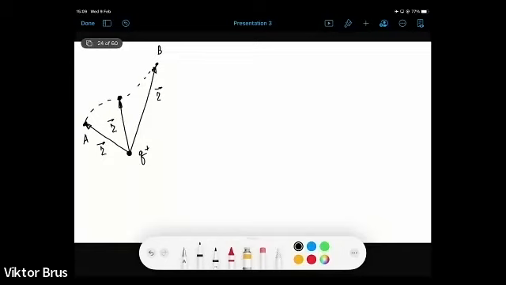Tangential to this path will be the displacement vector ds.